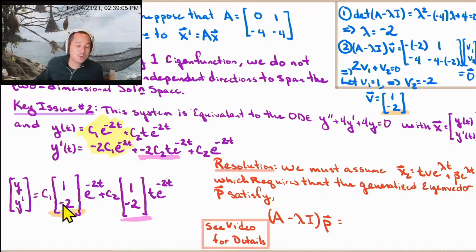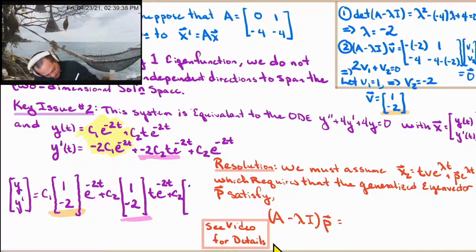So I've got C1 times eigenvector times exponential plus C2 times eigenvector times t times exponential. That feels totally normal based on where we've come from, but because I'm tracking these two things at the same time and because the second row is the derivative, I've got this little extra bit of stuff right here, and this little extra bit of stuff would produce a third term, and that third term has to do with the generalized eigenvector.